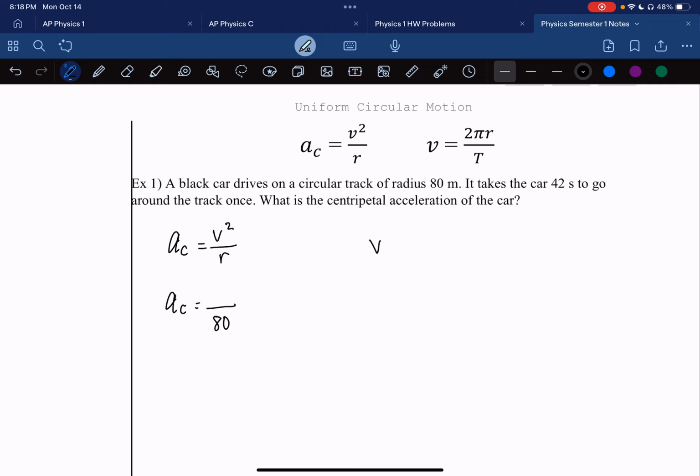This is a perfectly fine way to solve equations, is to see what you can solve first. So the tangential speed is 2 times pi times the radius, which in other words is the circumference, divided by how much time it takes to go around the circle, the period, which is 42 seconds.